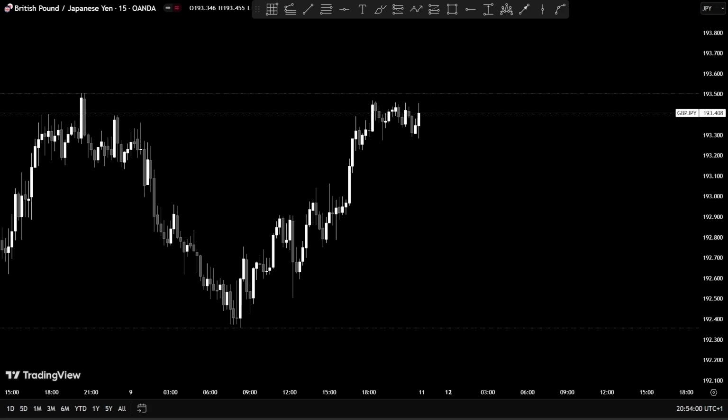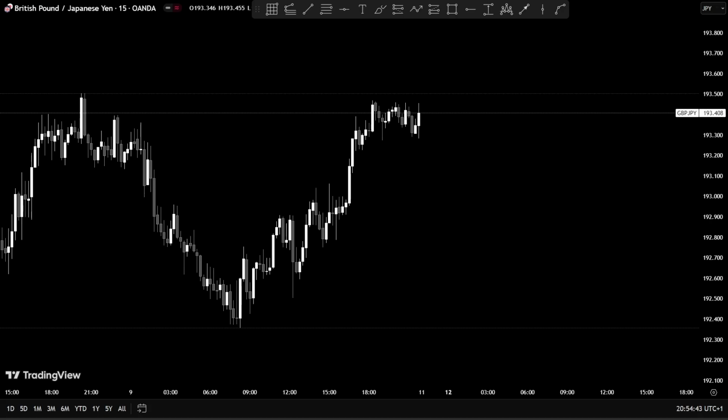What I do is refine the setup across every key time frame, starting from the daily all the way down to the 1 minute, until I get full confluence.